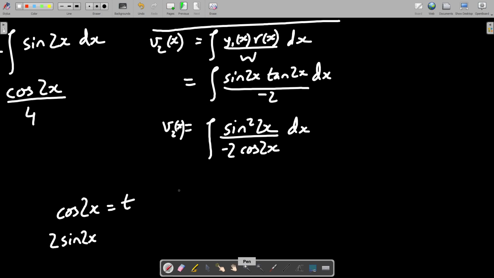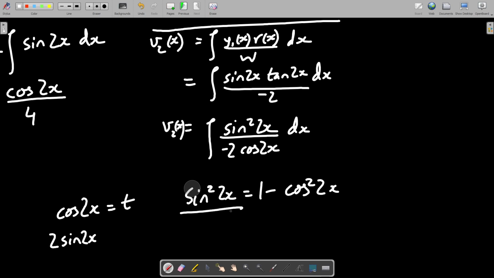Wait, one more thing we can do is, we know that, no, that is only for cos square. Yeah, but we know that sin square of 2x can be written as 1 minus cos square of 2x.